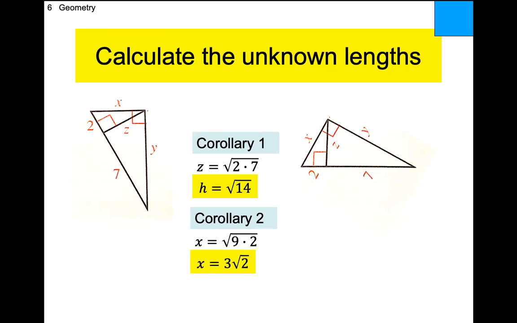Chris, you got the second part of corollary 2? X, Y, or Z? Does the second part of corollary 2 talk about X, Z, or Y? That's the first part of corollary 2. We just did that. You have to look.